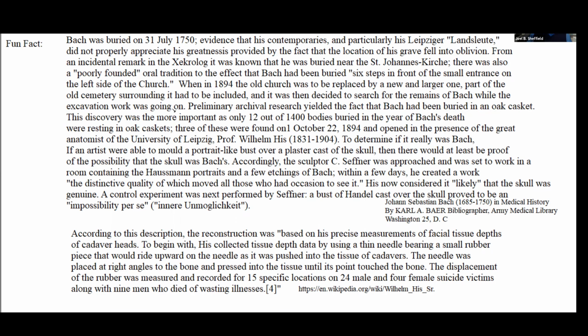Okay, and so they tried to make a bust of George Frederick Handel, who was probably much more famous than Bach at the time this work was done.